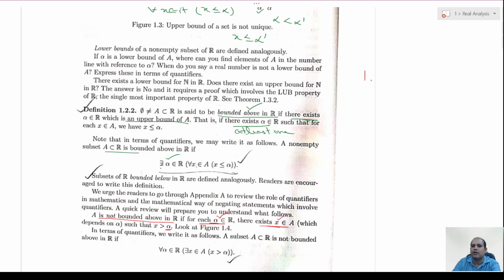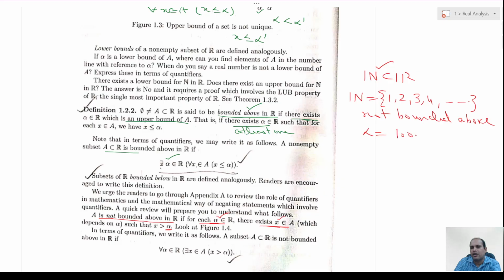For example, N, a subset of R, though it will be proved using the Archimedean property of R, the set of natural numbers is not bounded above. Why? This set 1, 2, 3, 4 and so on is not bounded above. So using this definition, how will we discard that? Suppose I am claiming that alpha equal to 100 is its upper bound.